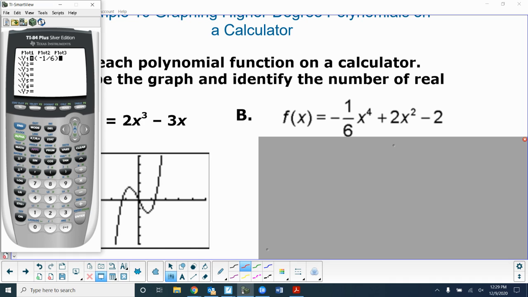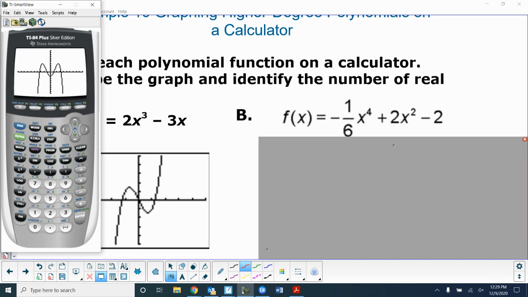And then what is it? X to the 4th. So X caret 4 plus 2x. You can go caret 2, or this is the squared button here on the left side. I usually hit that for squared. And then minus 2, not negative 2, but minus 2. Hit enter, and you should have an M when you do it.